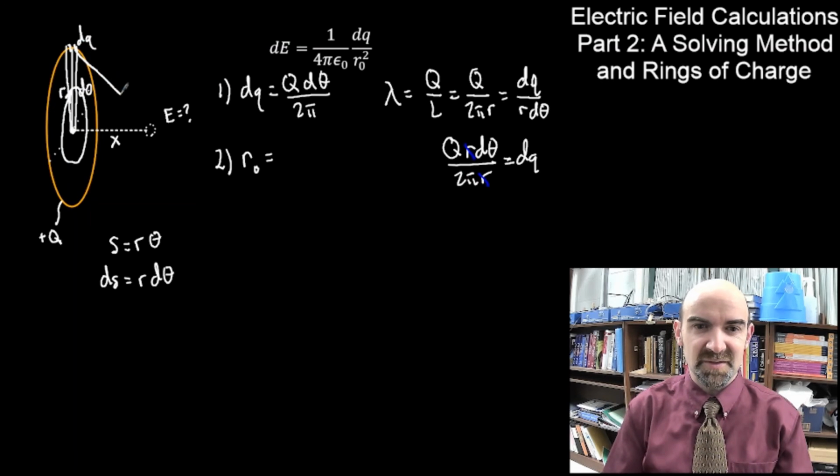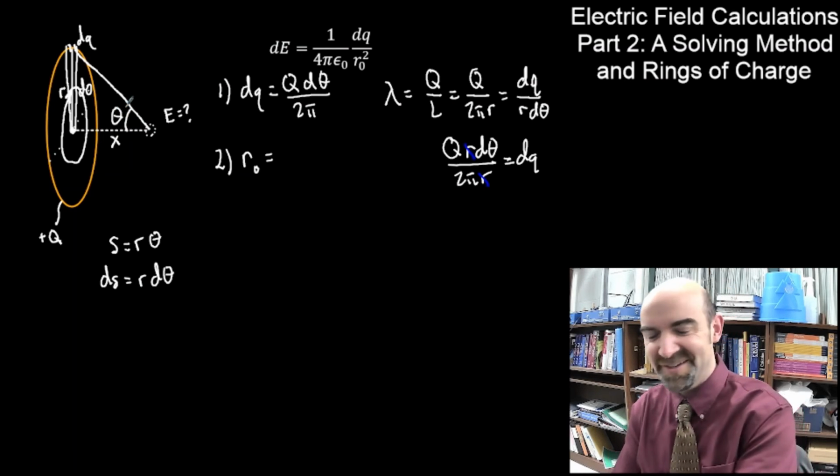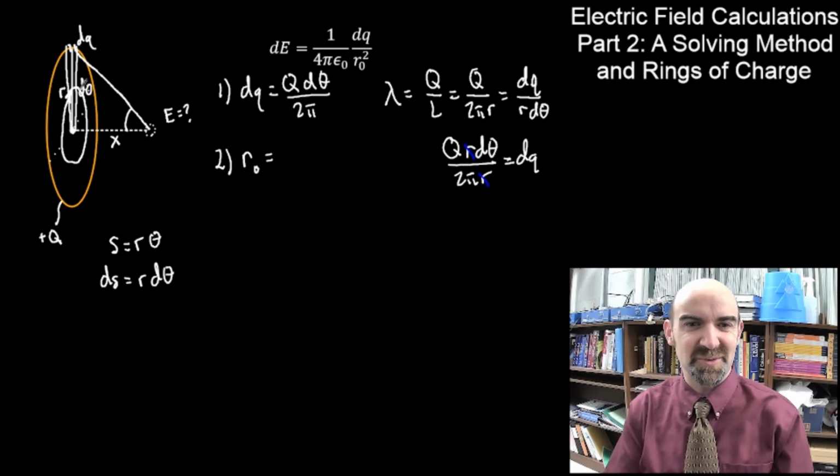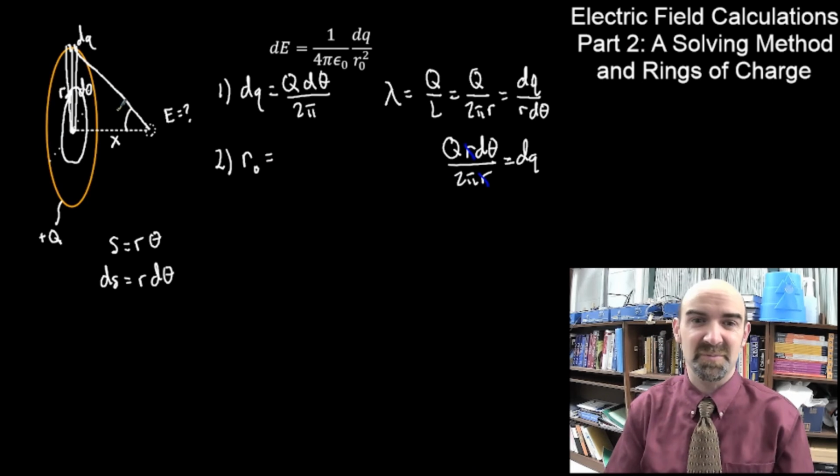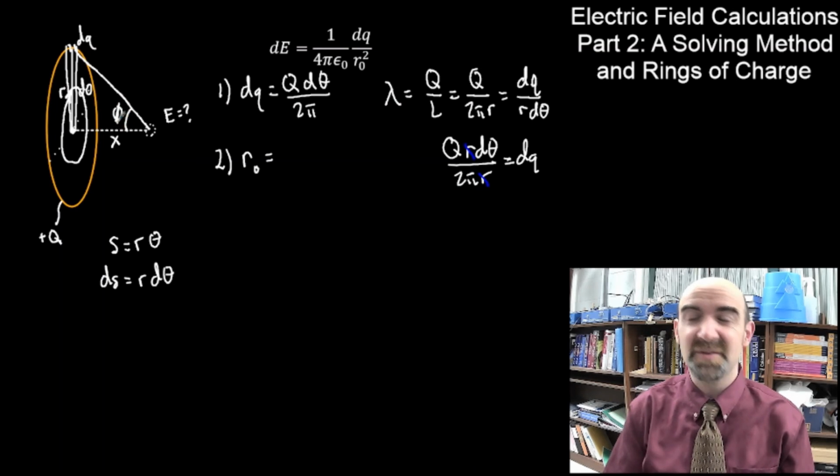It's not this, okay? That's a different angle there. If I'm going to call this one theta, I'm going to have to call this one something different. Maybe I'll call it phi.